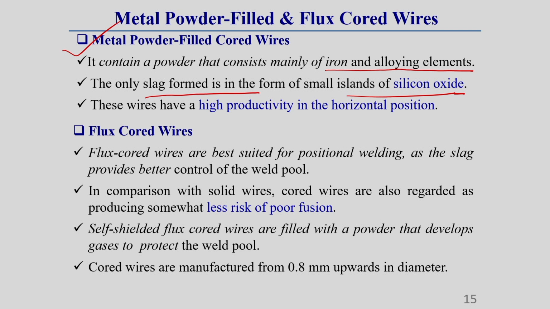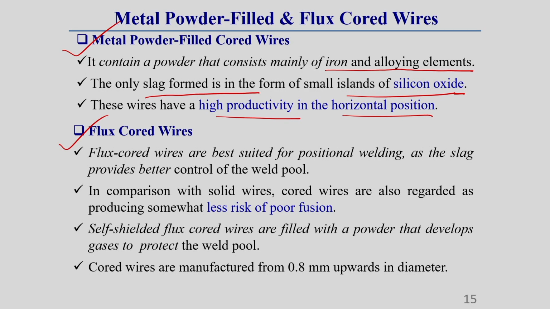Whatever the slag element or flux we are using here is generally only silicon oxide. This wire has a high productivity in the horizontal position. Why is it high productivity? Because it uses a metal core. This metal core also acts as a filler wire, because when the metal core melts, it is also deposited in the weld zone. So the deposition rate will increase, and that is why we can increase its productivity.